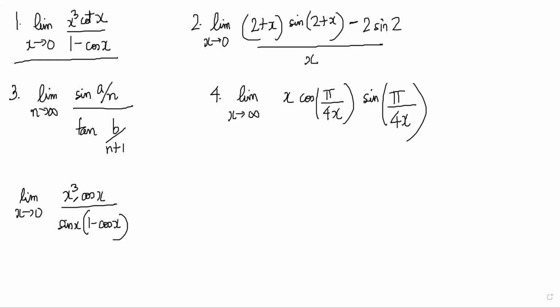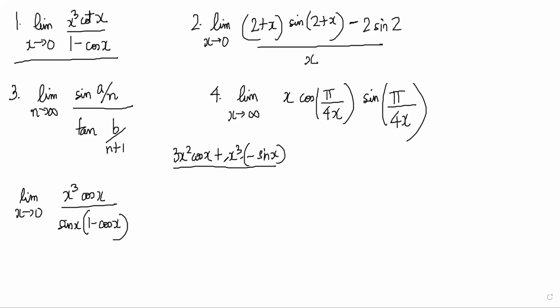That will involve maybe having to differentiate 2 or 3 times, because after one derivative it might still be 0 by 0, correct? I will just check it out once. First, the numerator derivative will be 3x squared cos x plus x cubed into minus sine x, right?